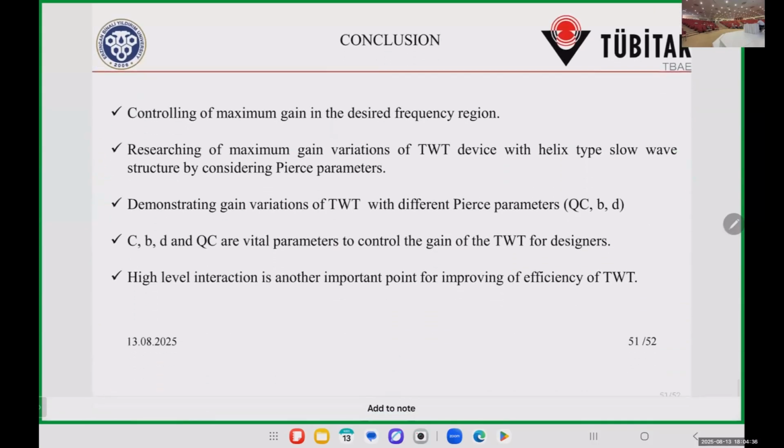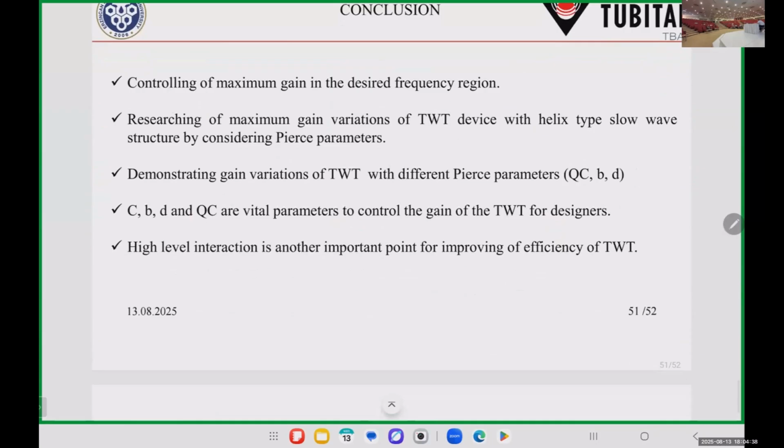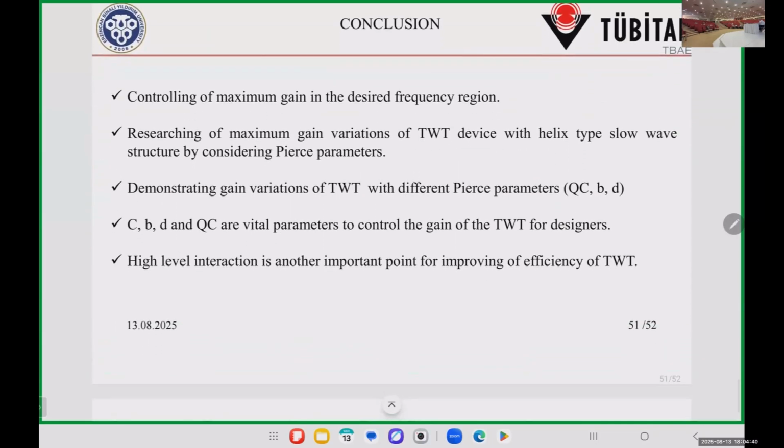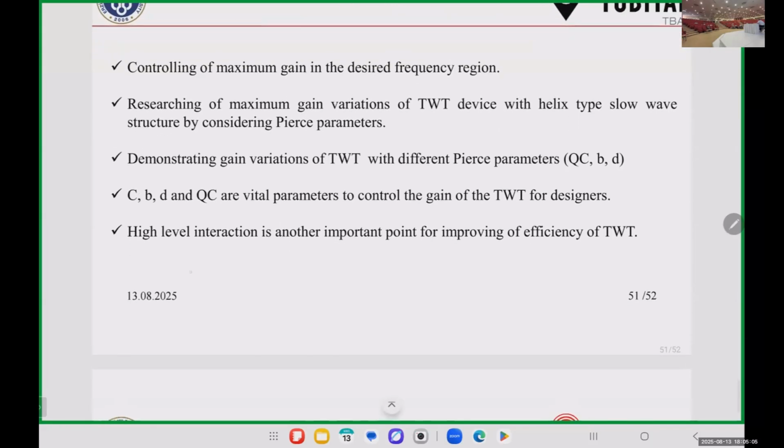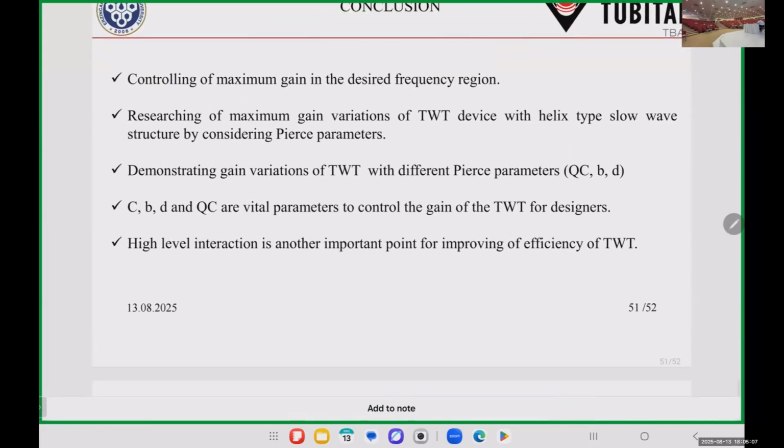So in this presentation, controlling the maximum gain in the desired frequency region is important, and the search for maximum gain variations of a TWT device with slow wave structures is considered here using Pierce parameters, and we demonstrate gain variations of the TWT with different Pierce parameters.